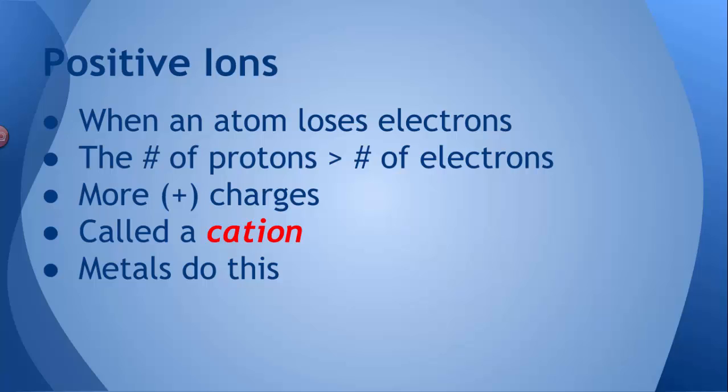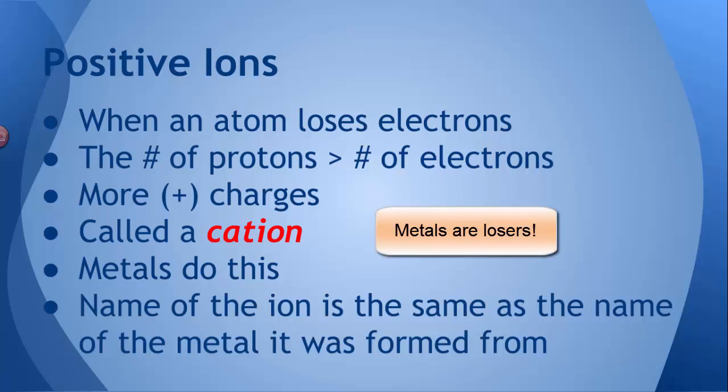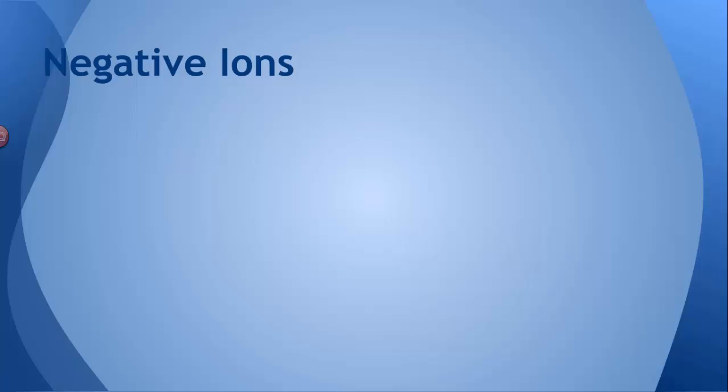Metals are the elements that do this. Metals like to lose electrons. We say metals are losers. Okay? When a metal loses one or more electrons, it becomes positively charged. It becomes a cation, and its name is just the name of the metal plus usually the word ion at the end. Okay? The other possibility is to form a negatively charged ion.